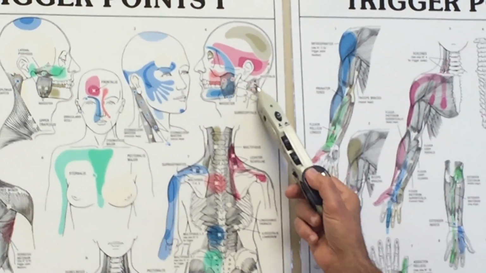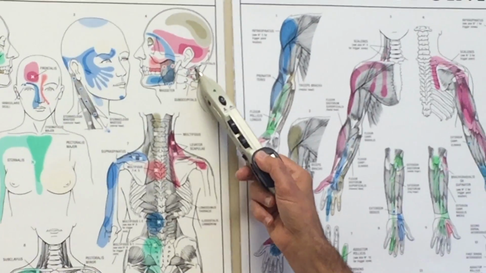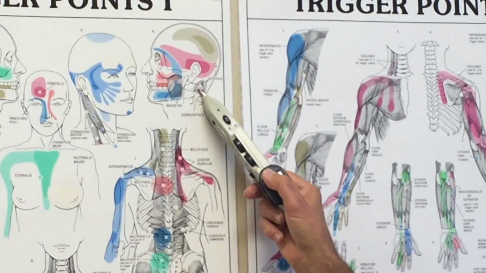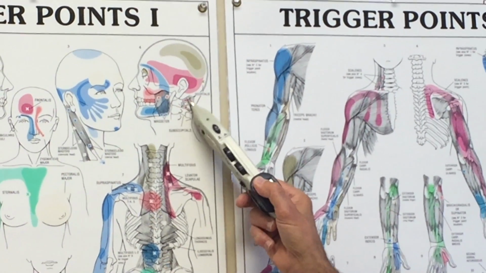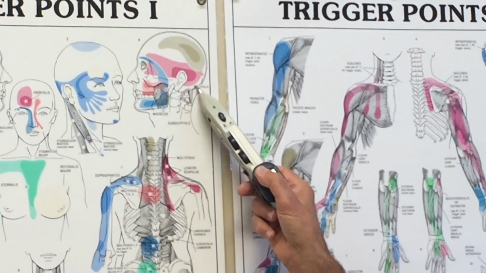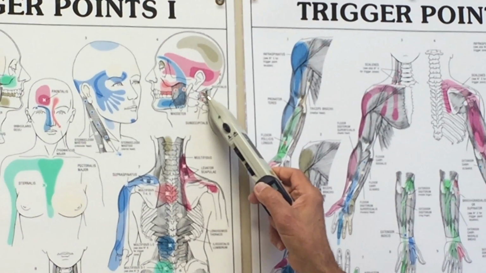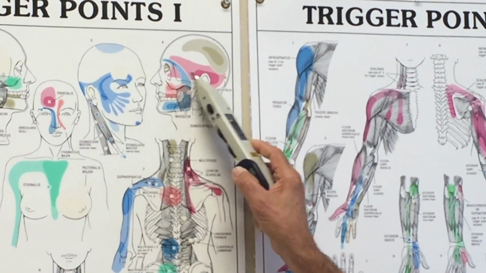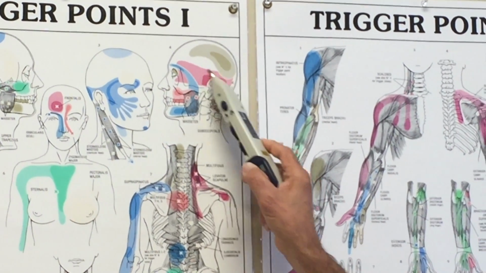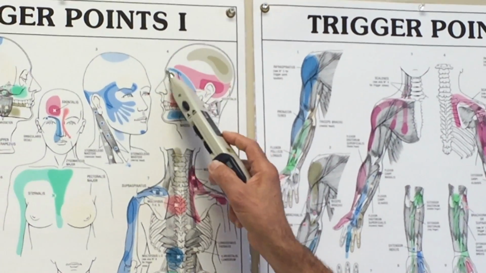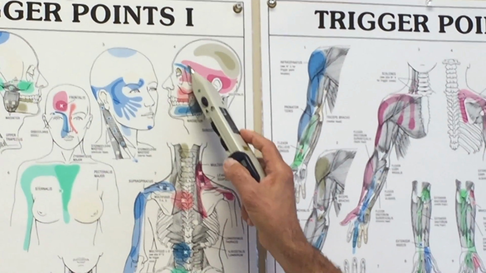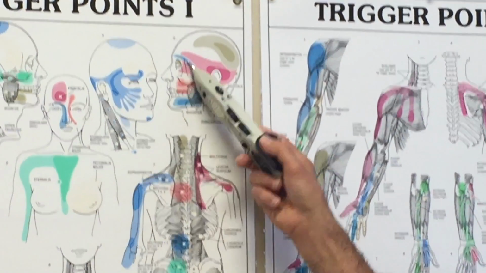And sometimes the headache is caused by the occipital muscles, which are in the back of the neck, really high up, right at the base of the skull. When you get trigger points in these, they refer pain, not across the neck, but across the side of the head and kind of into the eye too.